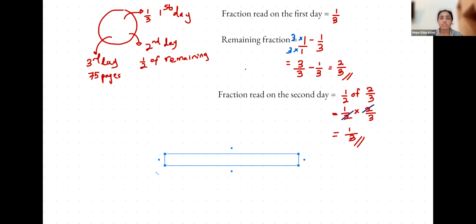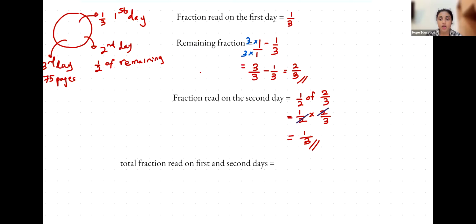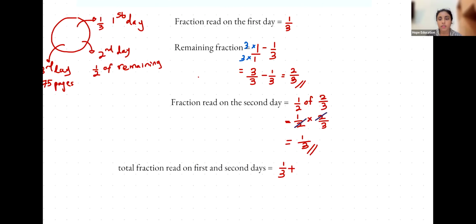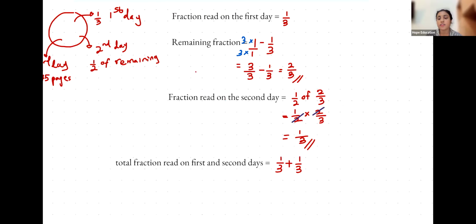First day, 1/3. Second day also 1/3. So there's a common denominator already. So we just add the numerators. 1 plus 1 is 2. So 1/3 plus 1/3 is 2/3.